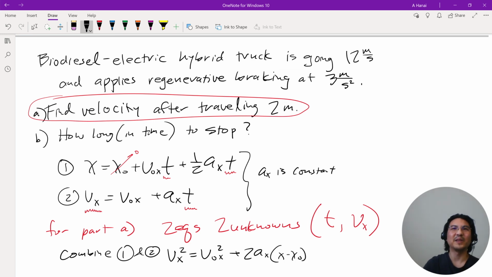If we look here, this is what we're looking for. We know this already, that's 12. What is this? 3 or negative 3? You're slowing down, right? So that would be negative 3. And then displacement, 2. So for part A, you could just use this.